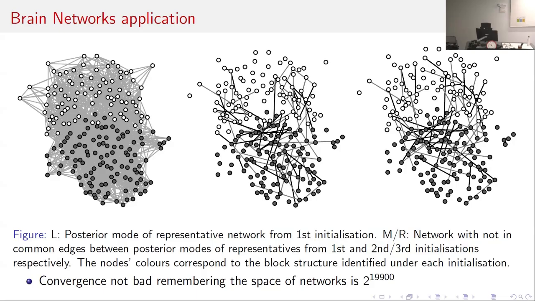And respectively, the last one shows only the not in common edges between the posterior mode under the first and the third initialization. And also we can see here that the block structure recovered is the same under all 3 initializations. So the convergence is not too bad, remembering that we're exploring this huge space of networks.